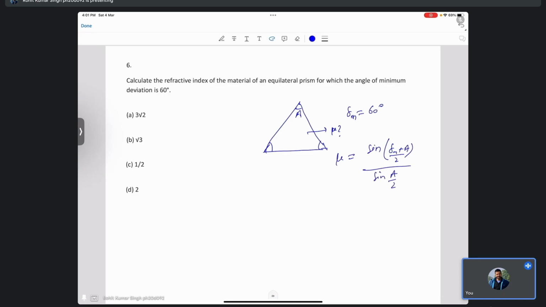We have delta m given here, and we want to find mu, the refractive index, but we don't have A. So what will be the A here?